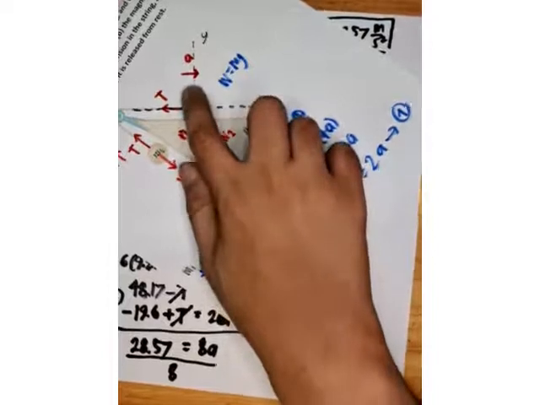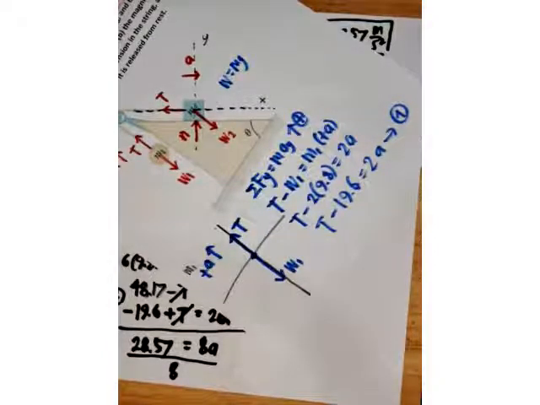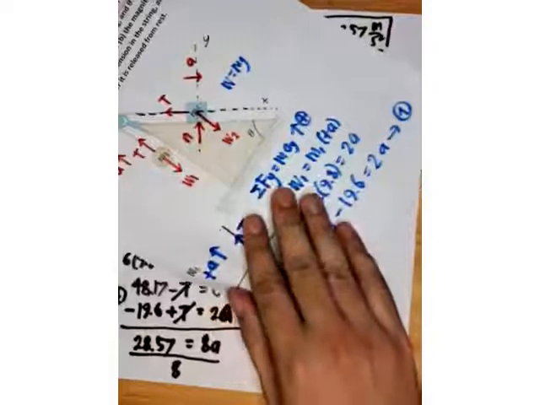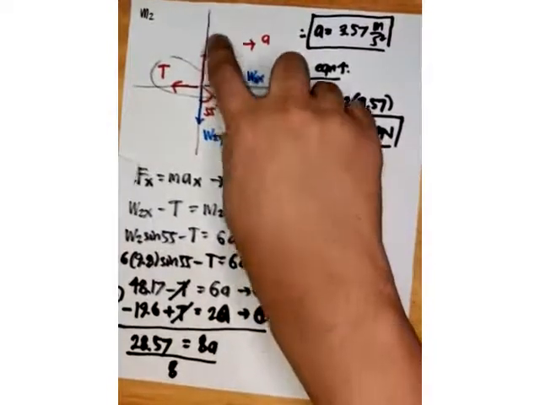So the direction of the normal is upward. That's why it is always upward, toward Y.